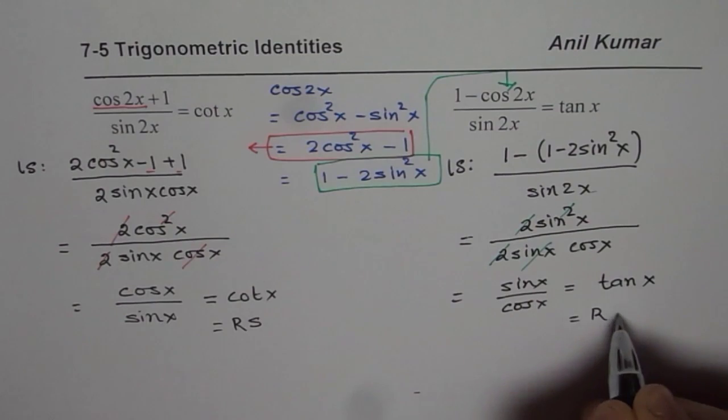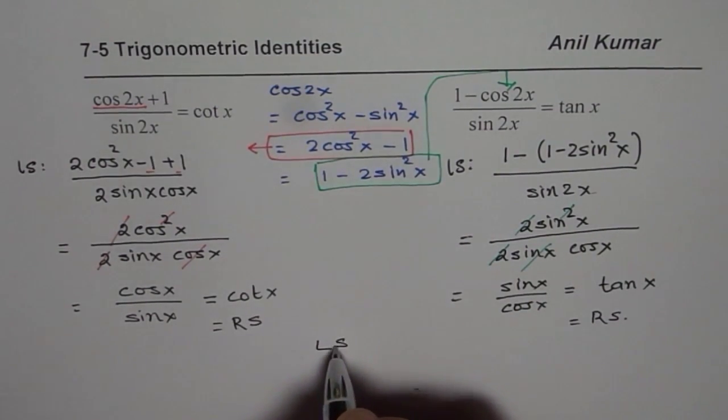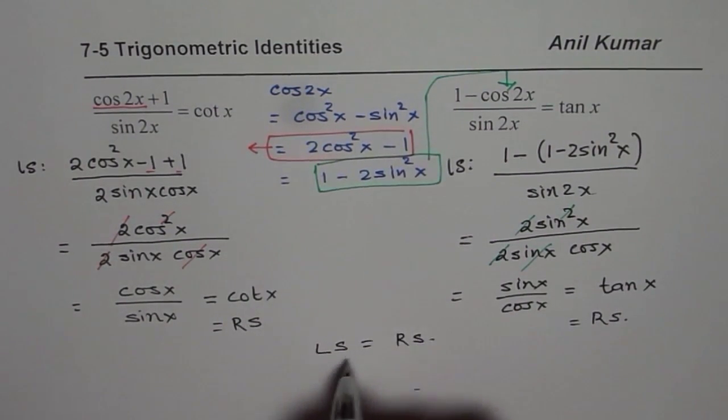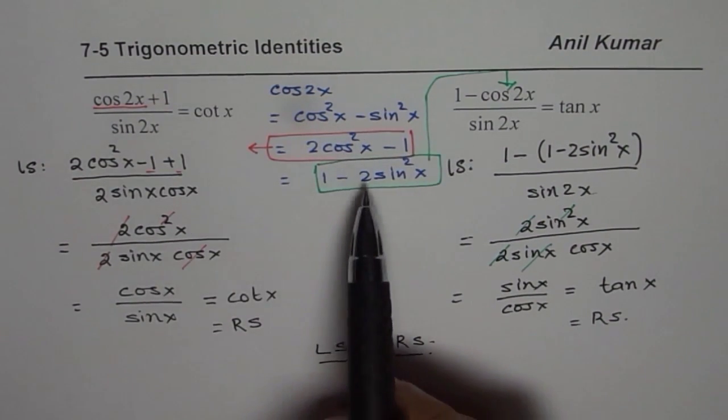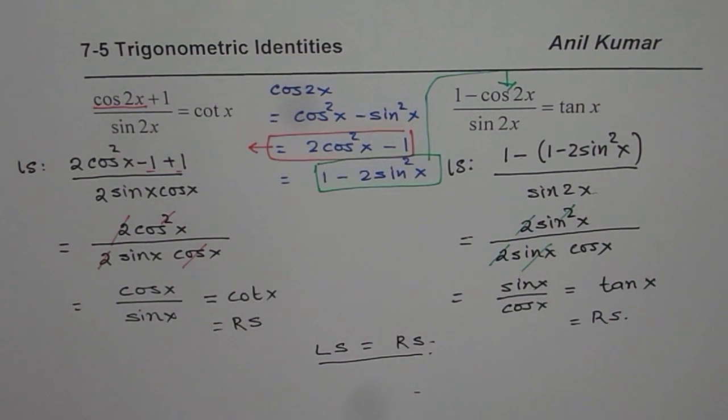That is the right side. So in both cases we proved left side equals right side, and that's the way to prove your trigonometric identities. But more important here is to understand which amongst these formulas for cos 2x should be applied and when.